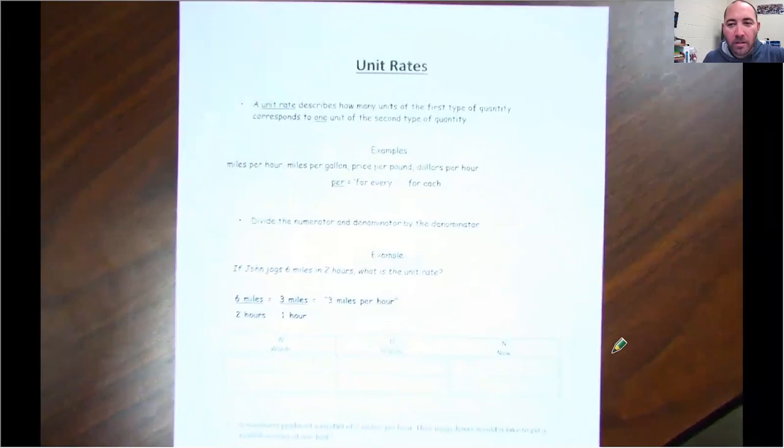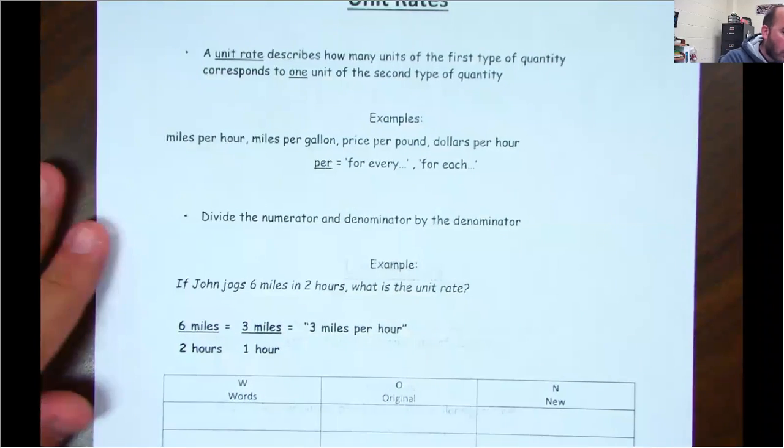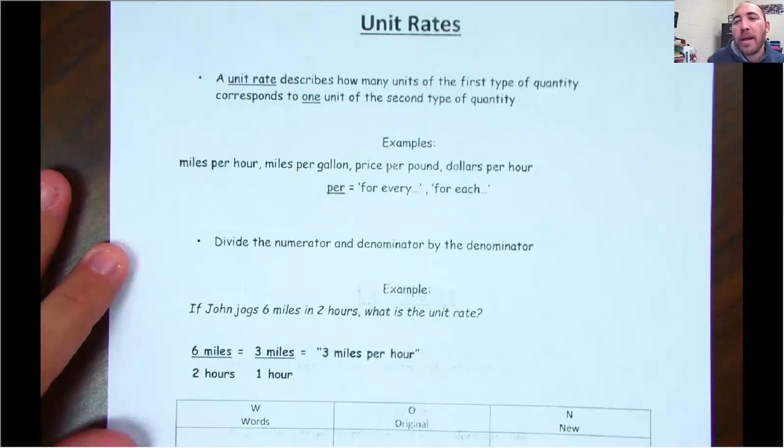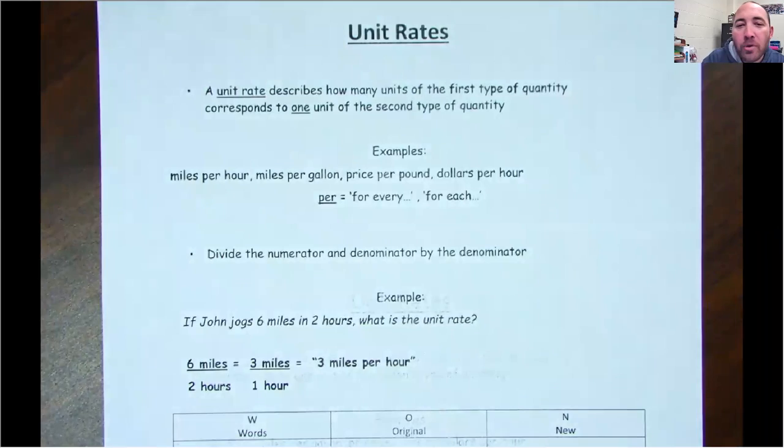All right. So we have a little bit of vocabulary. A unit rate describes how many units of the first type of quantity corresponds to 1 unit of the second type of quantity. Guys, plain and simple, you're solving for one of something.